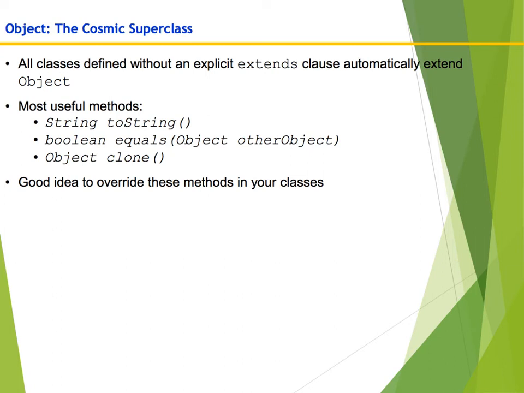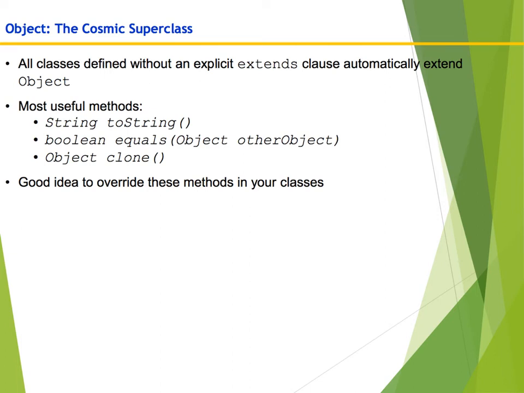One of them is toString, which has no input parameter and returns a string. The second one is equals, which has one input parameter of type Object and returns a boolean. And clone, which returns an Object, and it basically clones an object and returns the copy of that object.